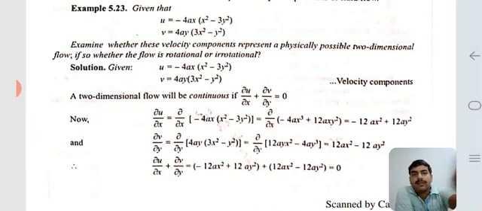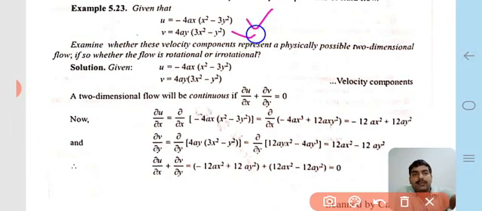Examine whether these velocity components represent a physically possible two-dimensional flow. If so, whether the flow is irrotational or rotational.